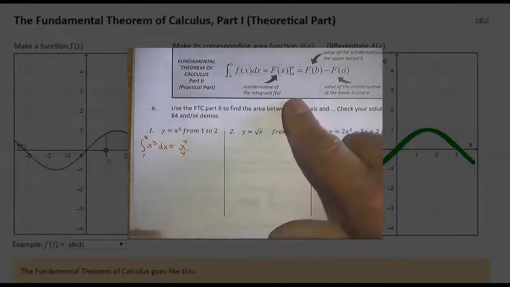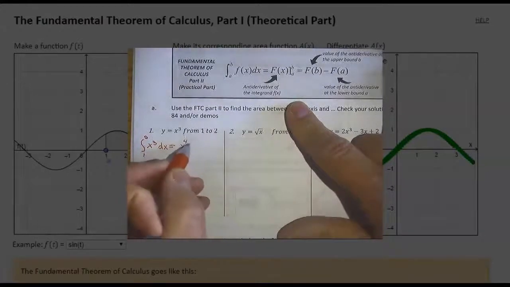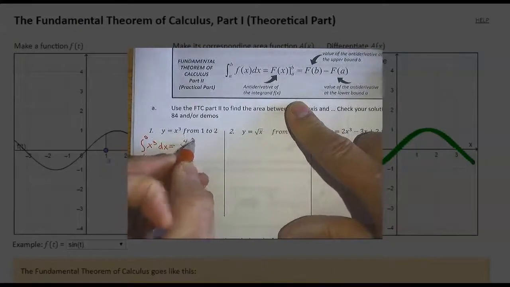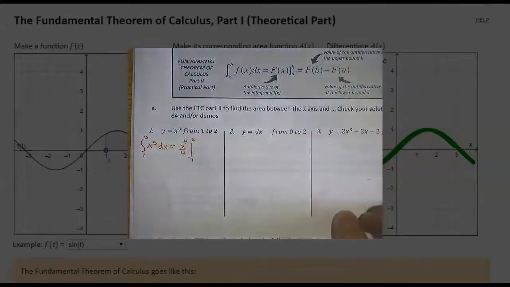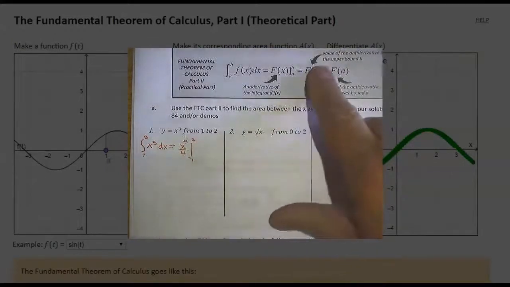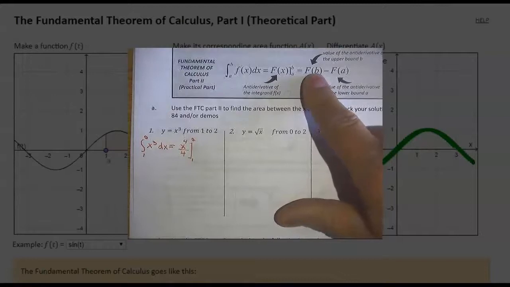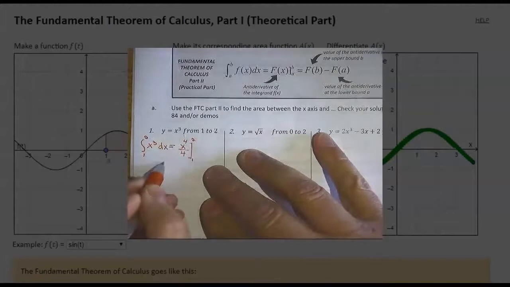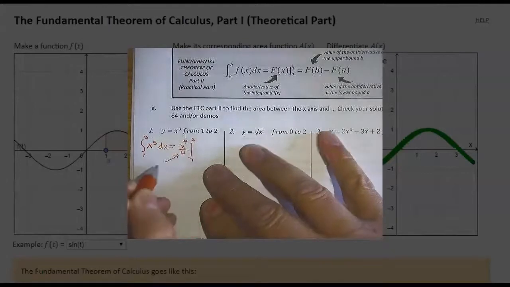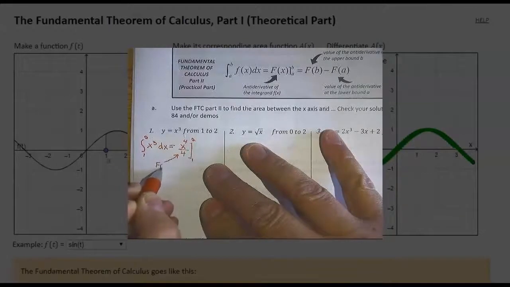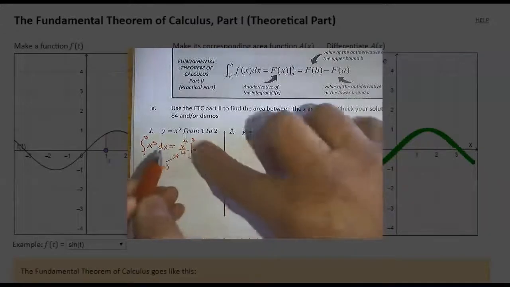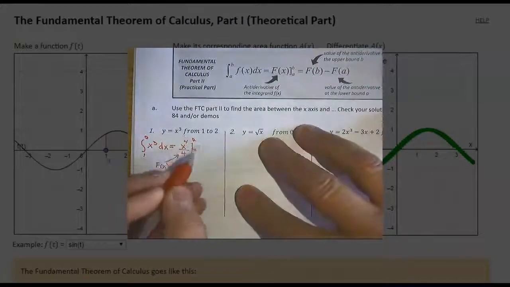All right. Then, this is just notation here. 1 to 2. Now, what you do is you plug those values into your antiderivative right here, guys. This is capital F of x. So now we take the upper bound and we plug it into that.